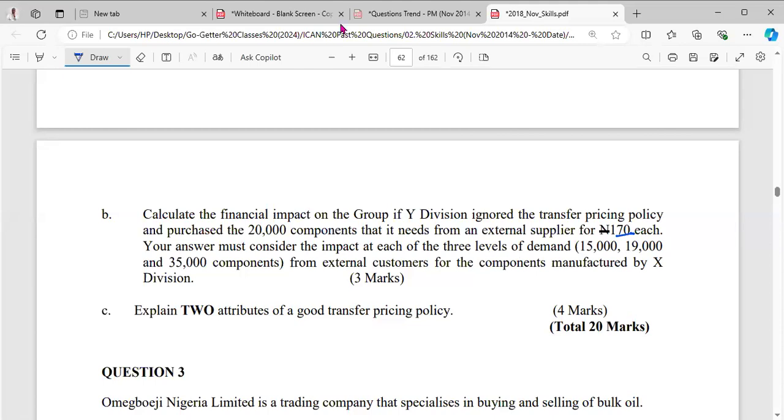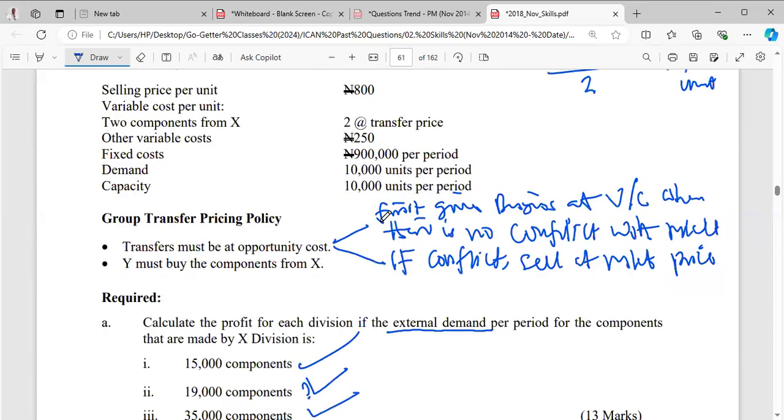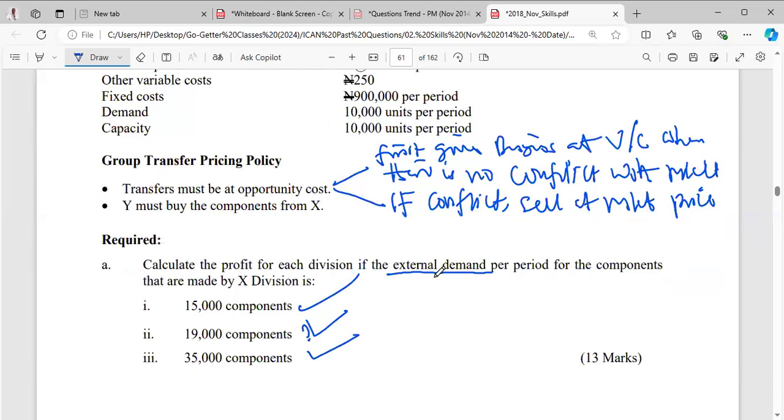But I had to go through this way so that you will see the impact at the different levels, the impact at the different companies. But here, you are told to do that of just the group. Here, you are not asked to do it for the group, you are asked to do it for each of the divisions.